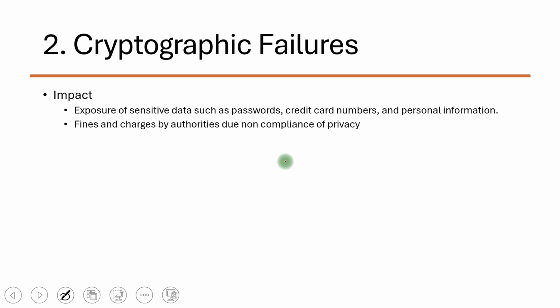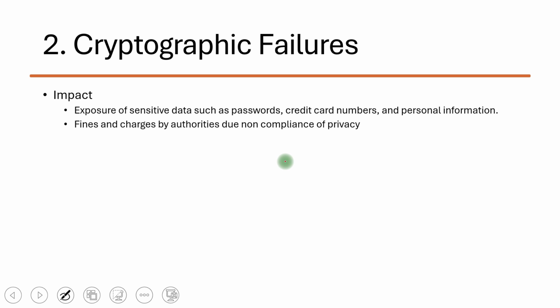What is the impact of this one? It can expose sensitive data such as passwords, credit card numbers and personal information in public. Another impact is that a lot of fines and fees can be imposed on the company by authorities for not complying with privacy laws.